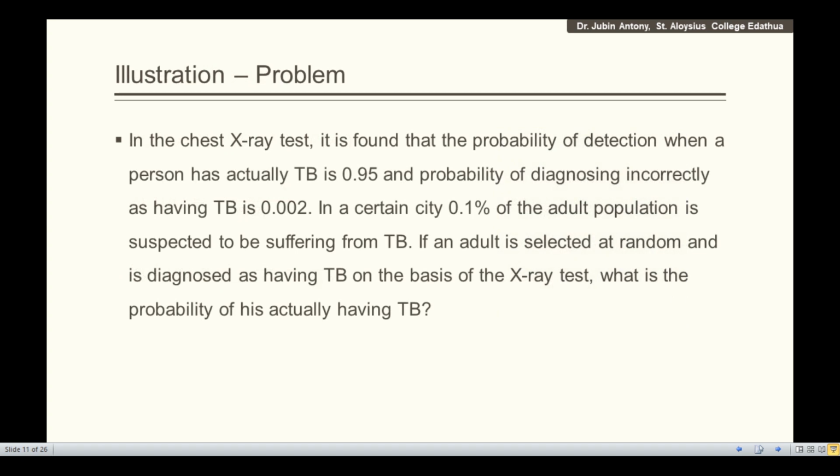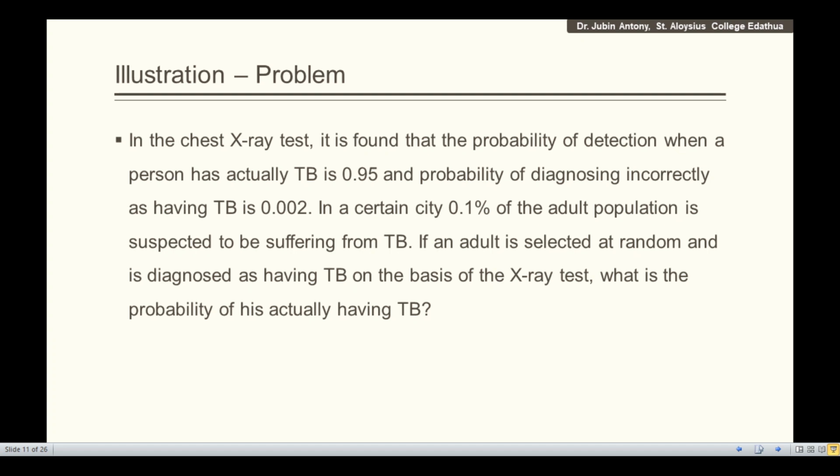Now, to understand how we frame the events and also to understand the concept better, we will solve a problem. In the chest X-ray test, it is found that the probability of detection when a person has actually TB is 0.95 and probability of diagnosing incorrectly as having TB is 0.002.